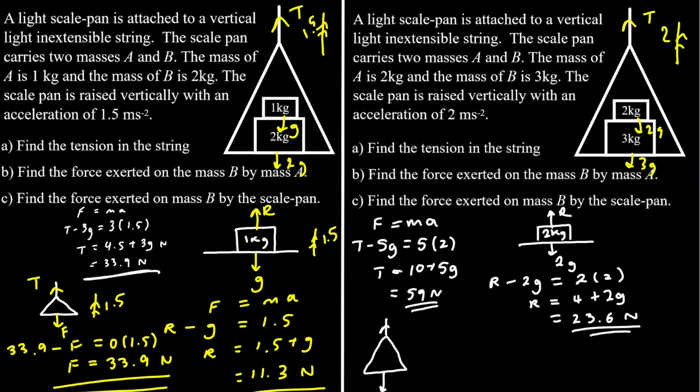It's got a tension force going up, and there's some force exerted on it by B. So the tension, which is 59, minus this force, is equal to the mass, which is 0, times the acceleration, which is 2, but 2 times 0 is 0. So the size of the force must be 59 newtons. So the force exerted on B by the scale pan is 59 newtons.